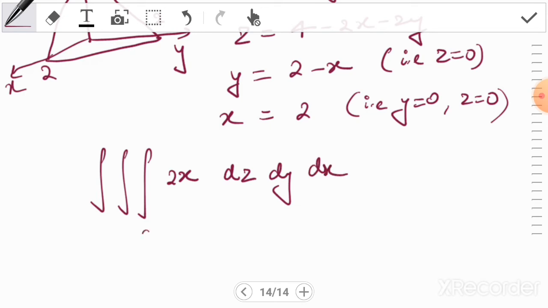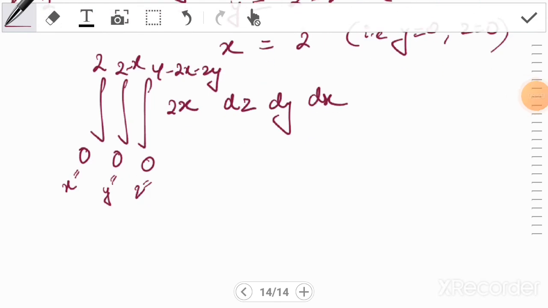So z is varying from 0 to 4 minus 2x minus 2y. y is varying from 0 to 2 minus x. x is varying from 0 to 2. So z depends upon x and y, y depends only upon x, and x is independent.